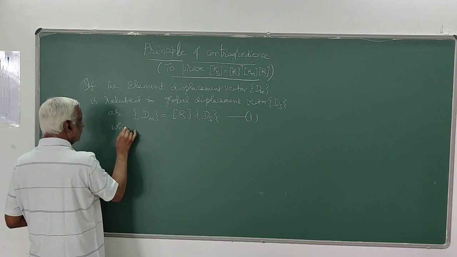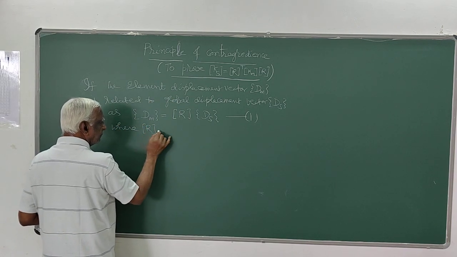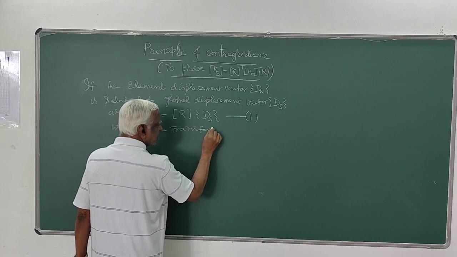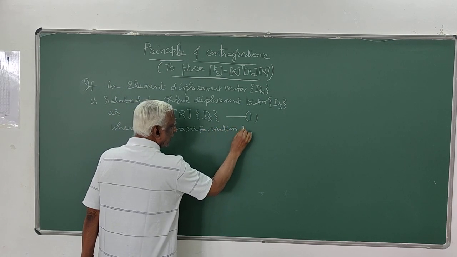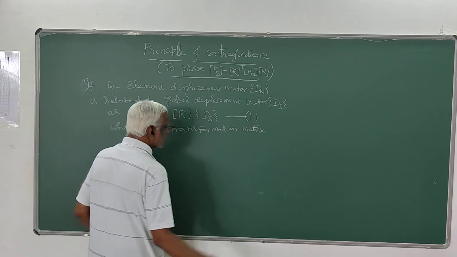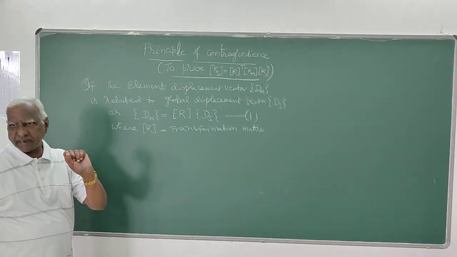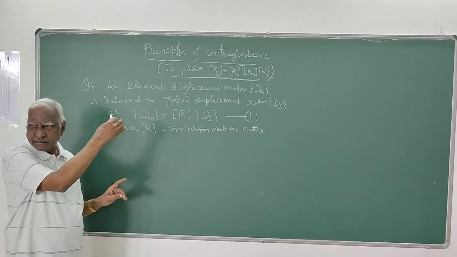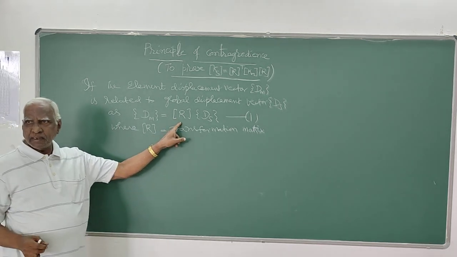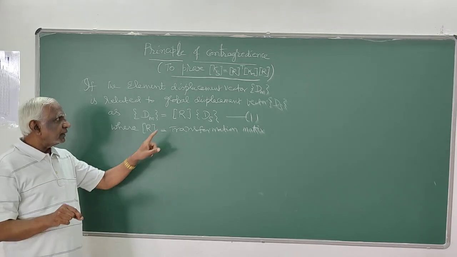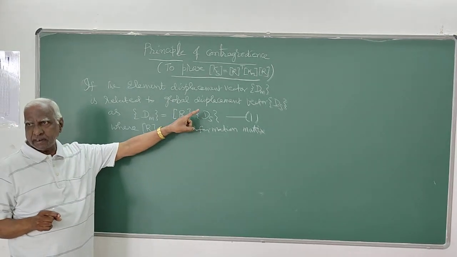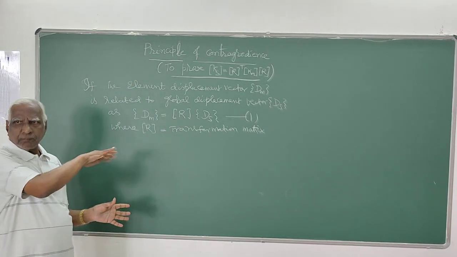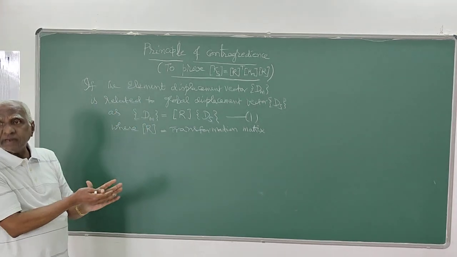Here, R is called the transformation matrix. And of course, any element Rij, that is the element belonging to the ith row and jth column, is obtained by applying a unit load along the coordinate j, that is the corresponding global coordinate, and determining the corresponding components of displacement in the element coordinates.